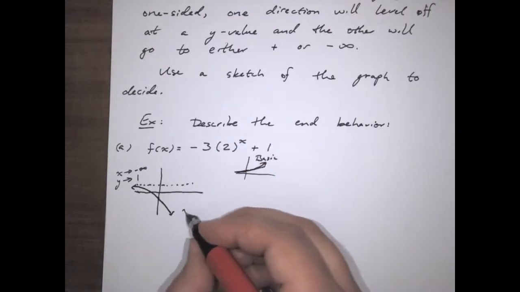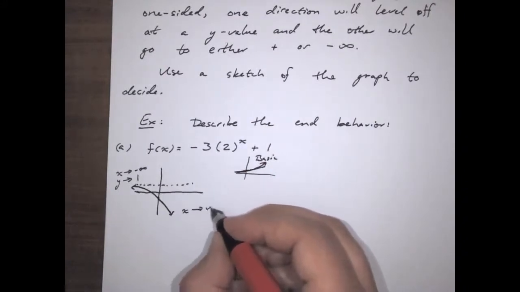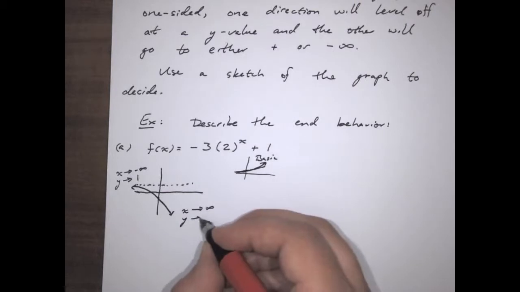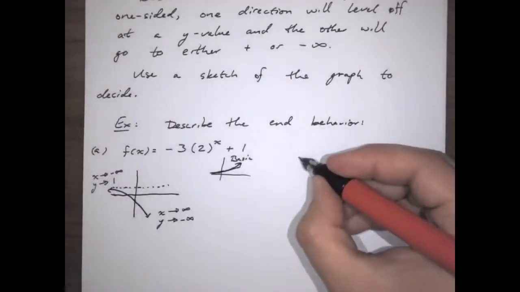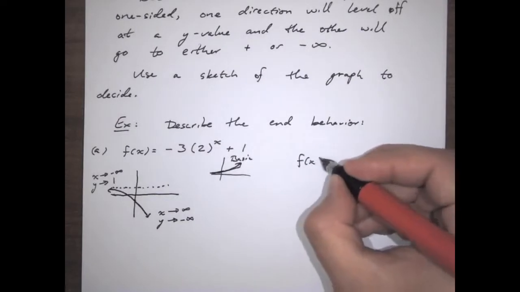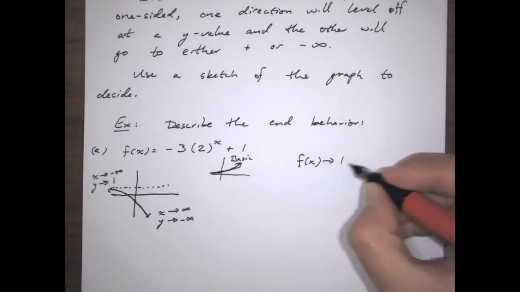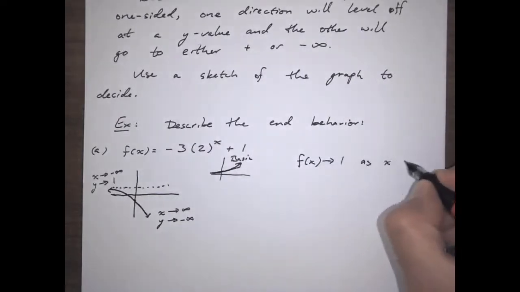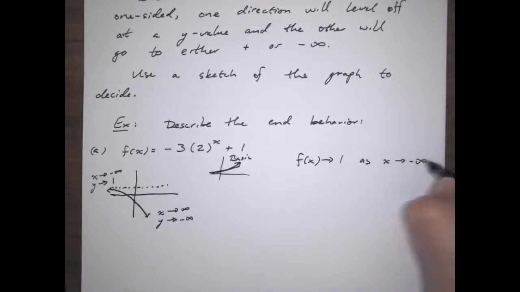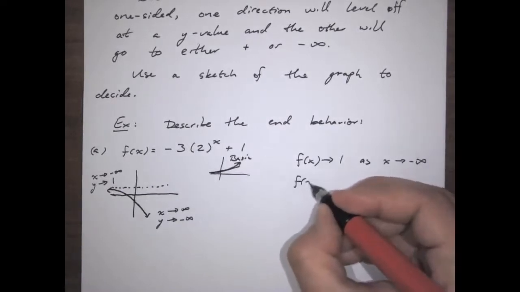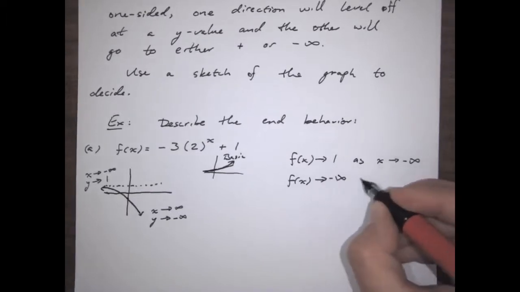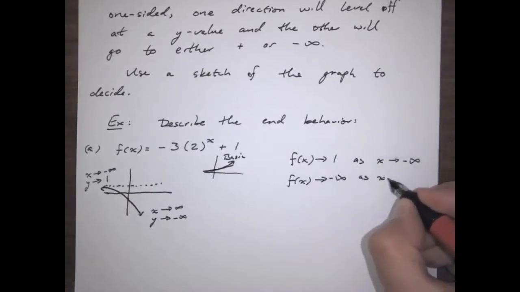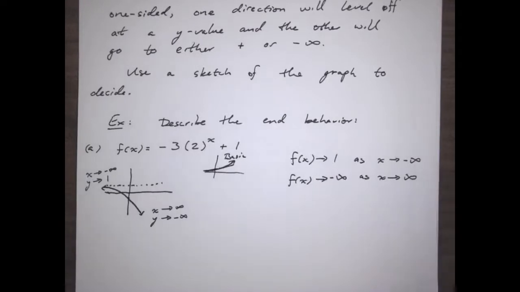Over here what we have is x going to positive infinity, y going to negative infinity. So we can now put that all together and we can say f of x approaches 1 as x approaches negative infinity, and f of x approaches negative infinity as x approaches positive infinity.